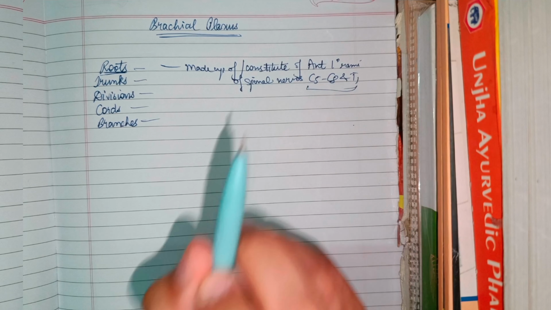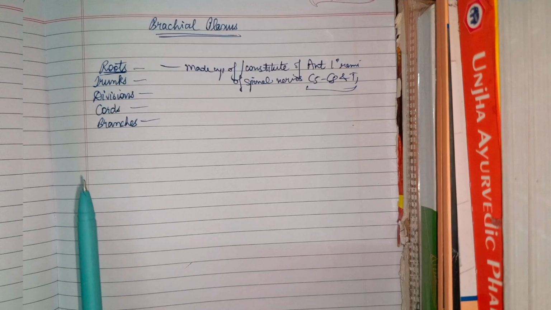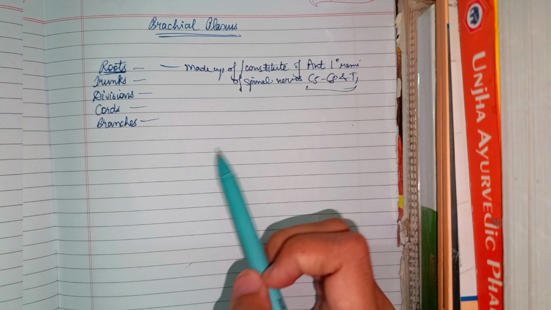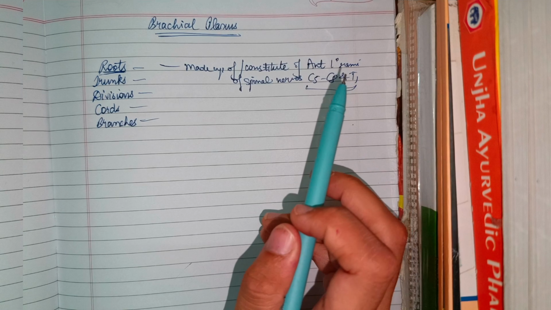These are basically the spinal nerves C5, C6, C7, C8 and T1. How many cervical spinal nerves are present? 8. So in brachial plexus, roots are constituted of C5 to C8 and T1.